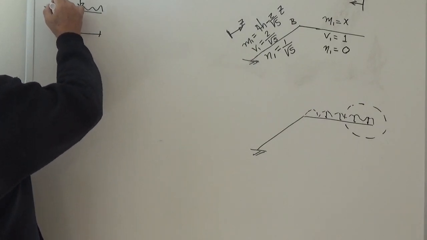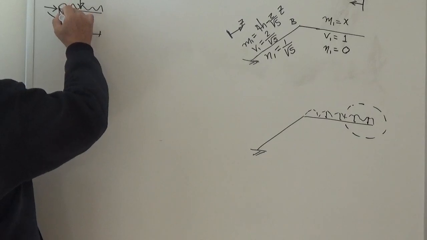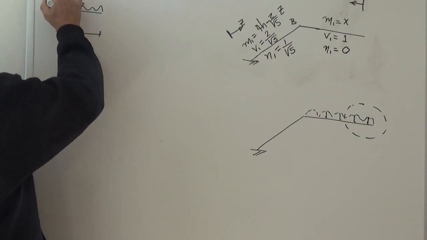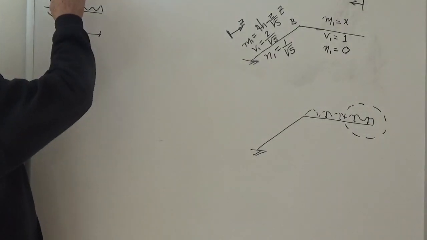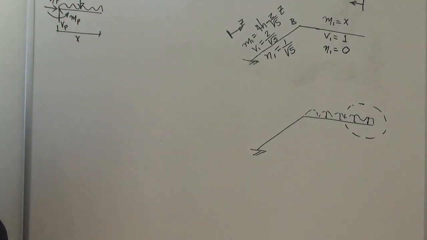Here we have an axial, we have a shear, and we have a moment. In this case, this is the moment MP, the shear VP, the axial NP, and that's our load WX, which is the resultant of that at a distance of X over 2 from that point.